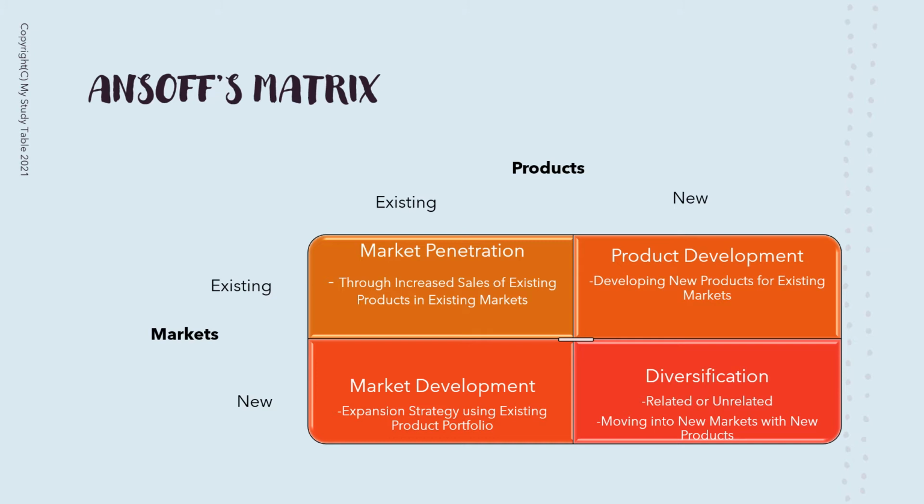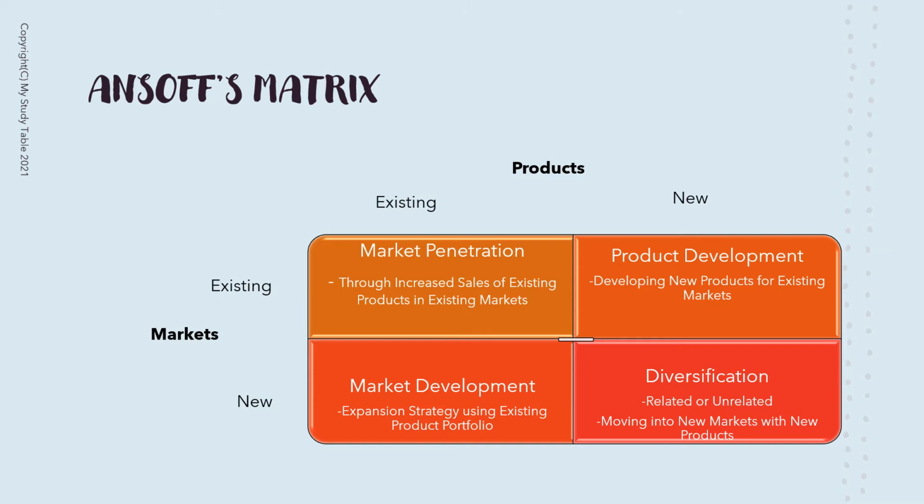Now, this is something wherein the company wishes to get into a new market with a new product. So they're not looking at the existing product portfolio, but they're looking at introducing either a new product portfolio or a single product. So the option here, or the strategy that they could deploy here, is that of diversification, which could be related or unrelated.